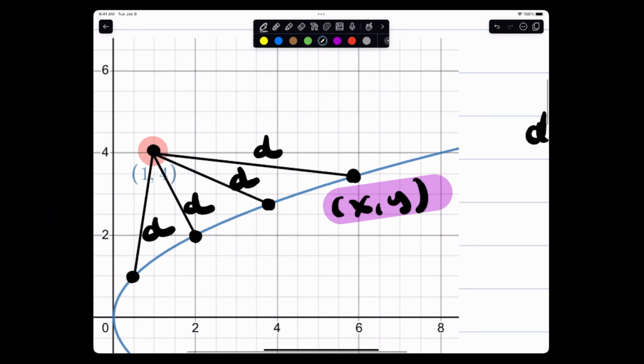Well, a point on the curve and 1, 4. So you can think of that as, for example, here's a point on the curve, your first point, maybe your second point. Okay, 1, 4, and then an arbitrary point on the curve.